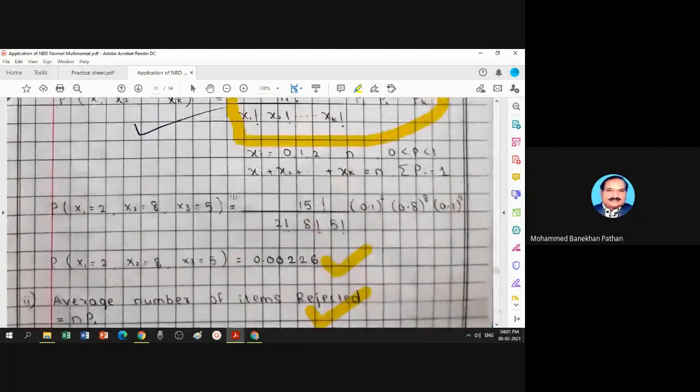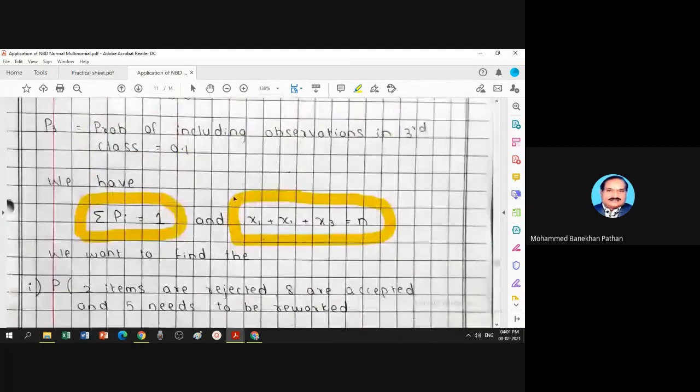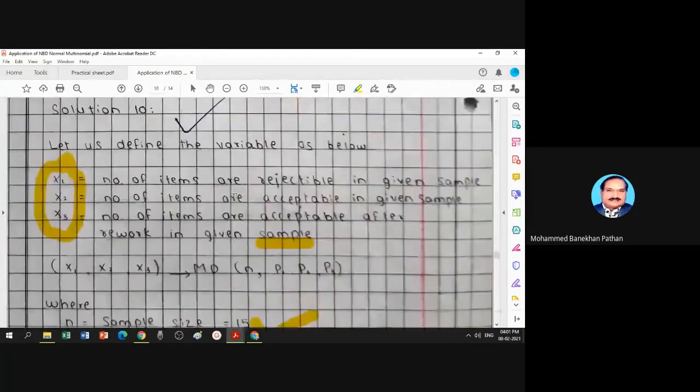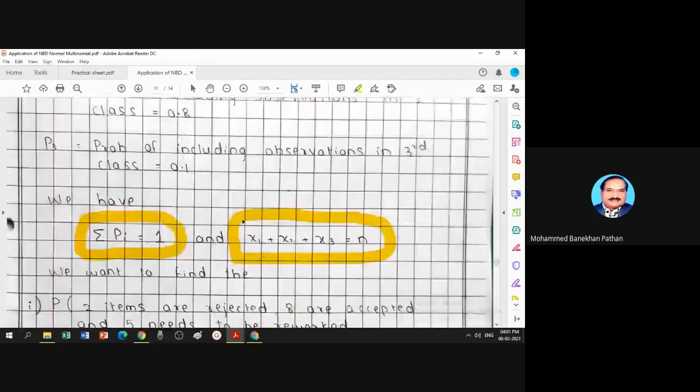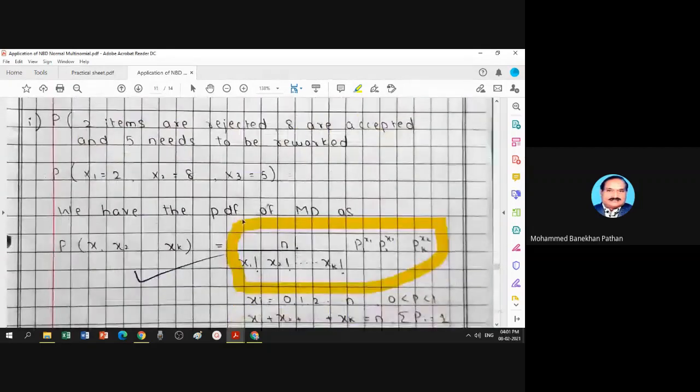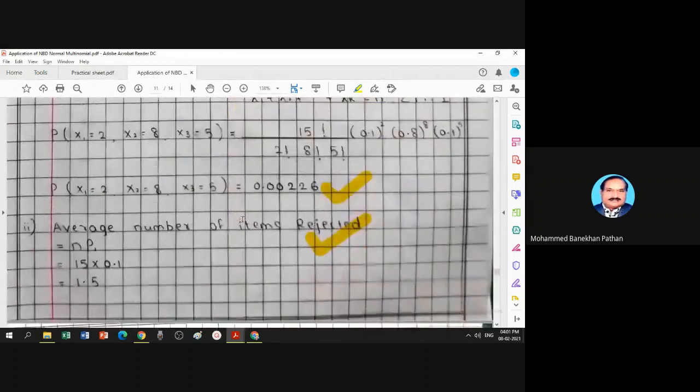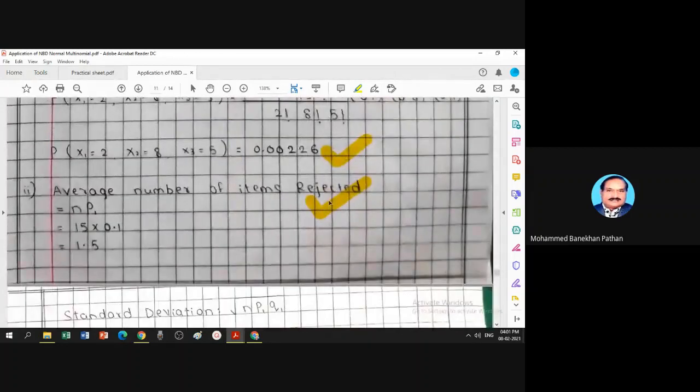And what is the random variable for rejectable? The random variable is nothing but x1. So the average number of rejectable items is expected value of x1, and that is n multiply p1. You know the binomial result. N is 15, p is 0.1, the answer is 1.5.